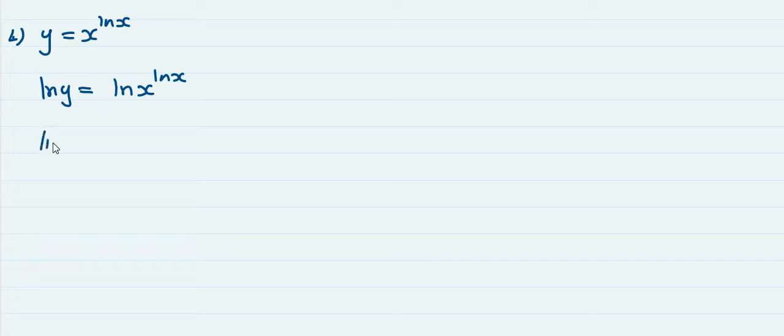So ln y equals ln x multiplied by ln x, and then we get the derivative using the product rule.